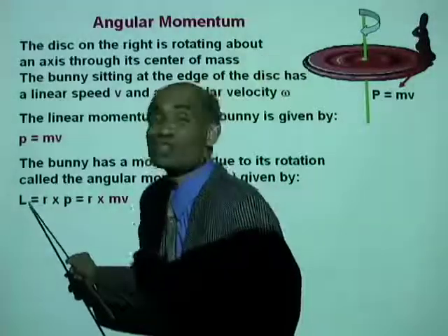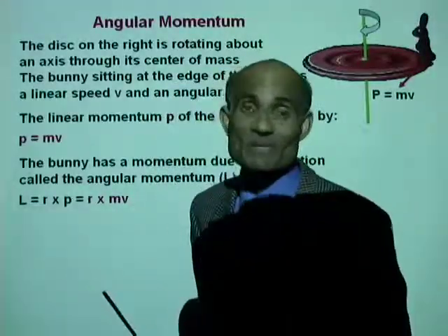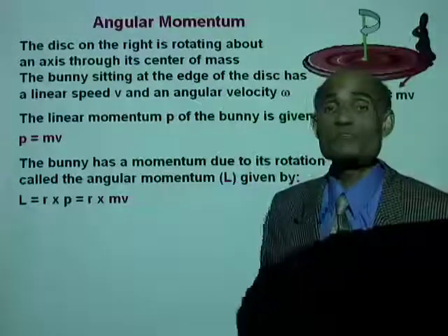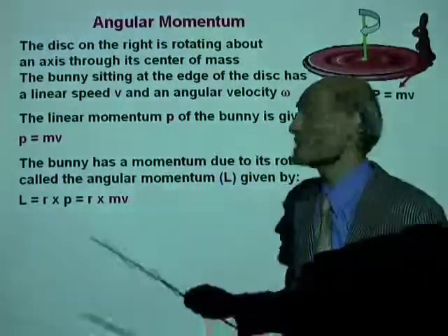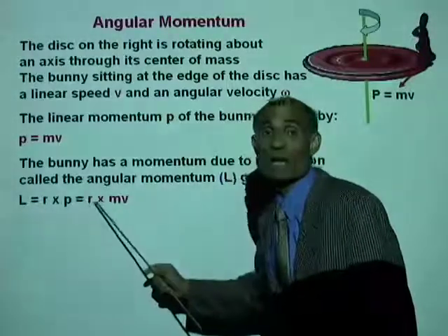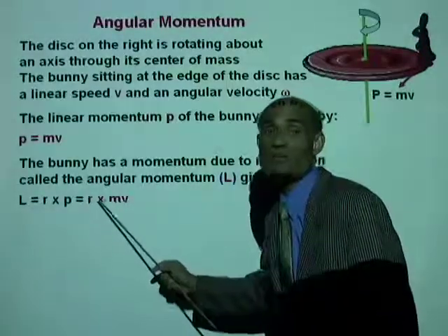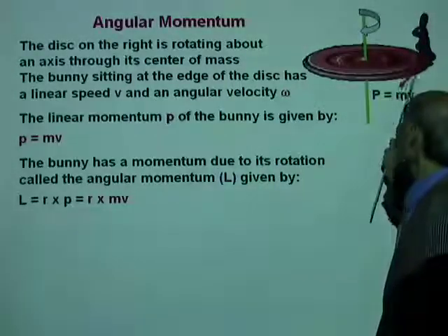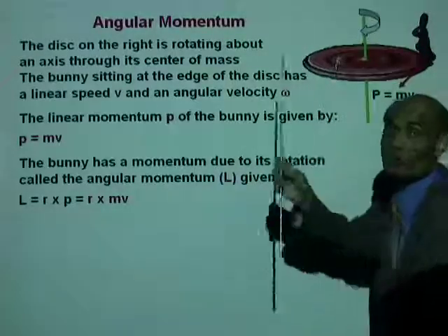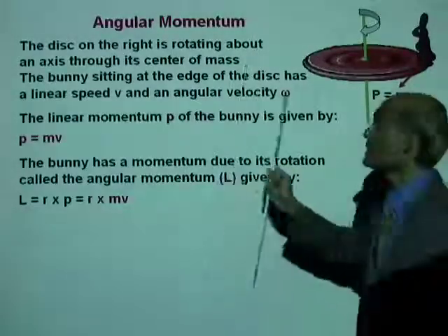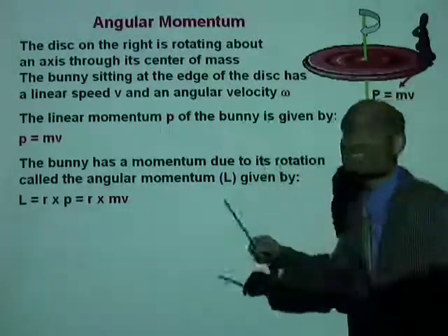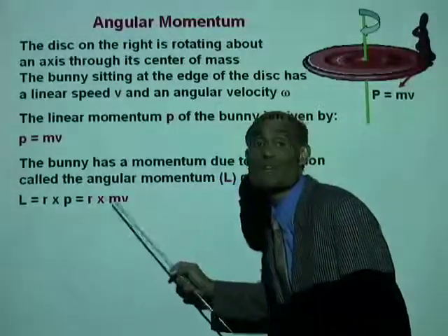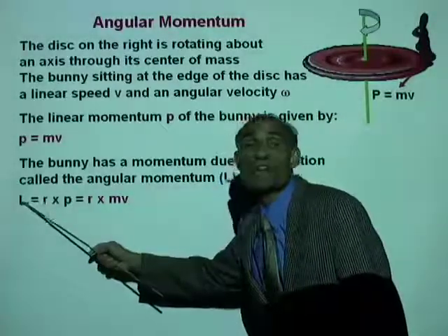The only exception is the angular momentum, for which we will use L. The angular momentum of a rotating object is represented by L, and that is equal to r times mv, where r is the distance of the rotating particle from the axis of rotation, and mv is its linear momentum. So r times the linear momentum is the angular momentum.